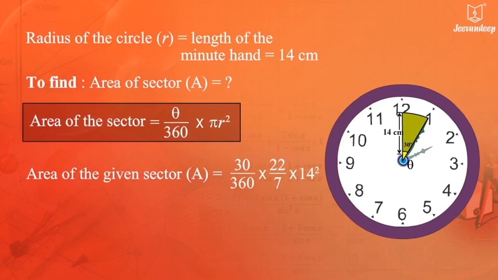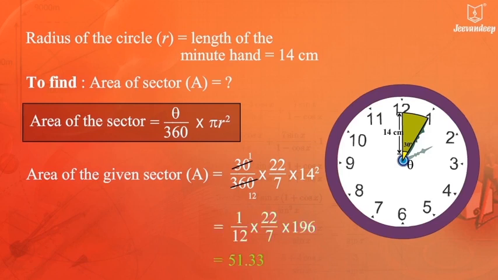Putting the values in the formula, we get area of the given sector, that is A, equals 30 upon 360 multiplied by 22 upon 7 into 14 square. That equals 1 upon 12 multiplied by 22 upon 7 into 196.